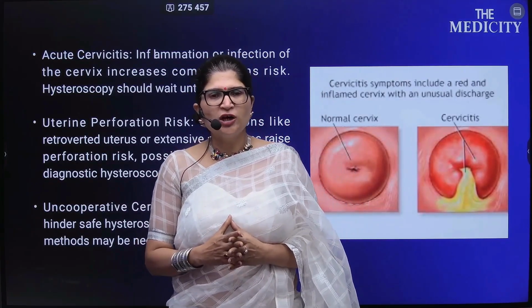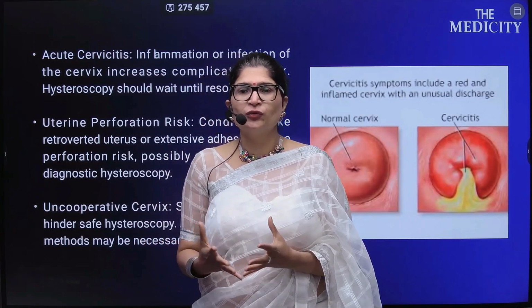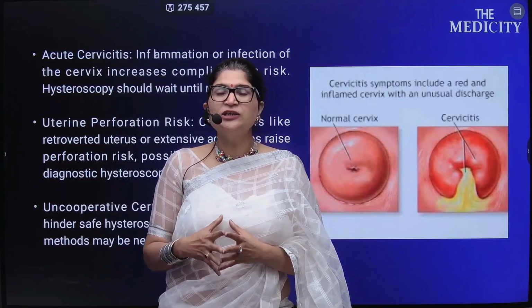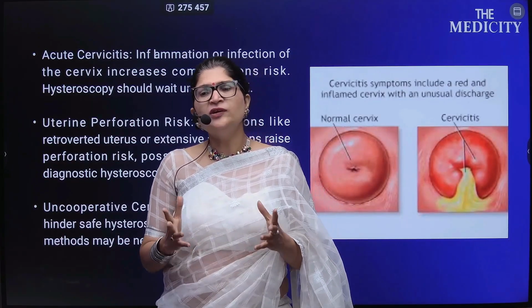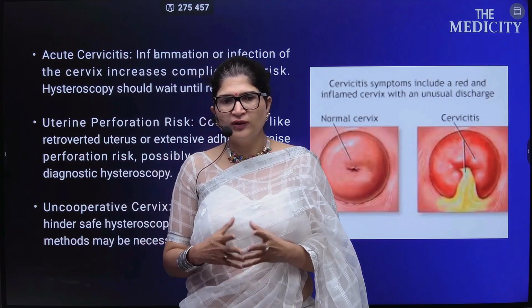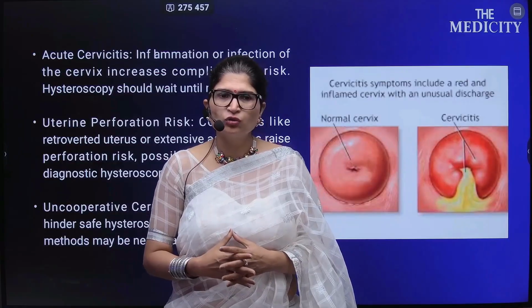Then if there are chances of uterine perforation, conditions like acutely retroverted uterus, when we introduce the instrument, there might be a chance that it might cause a uterine perforation. If there are extensive adhesions, which might raise the chances of even perforation, possibly it contraindicates the diagnostic hysteroscopy in this case.